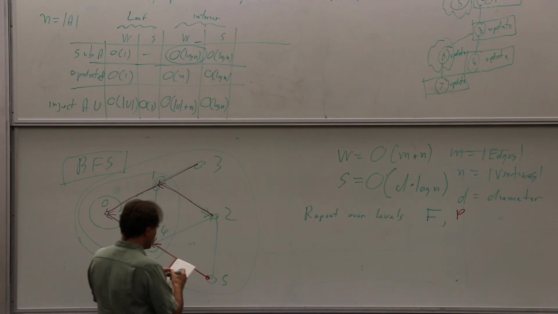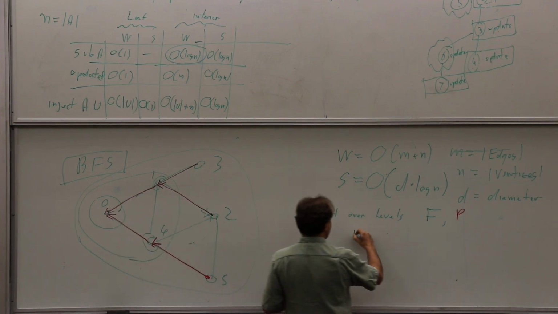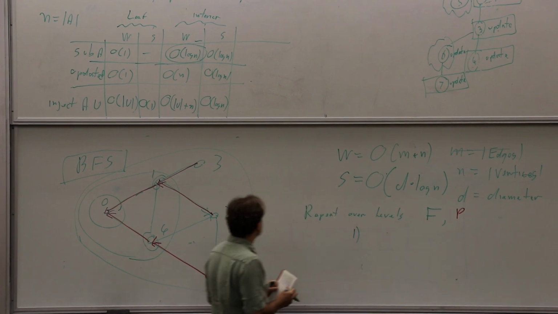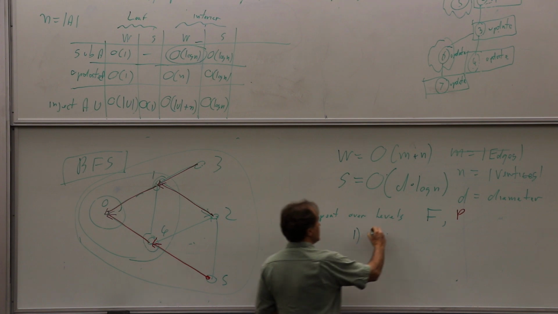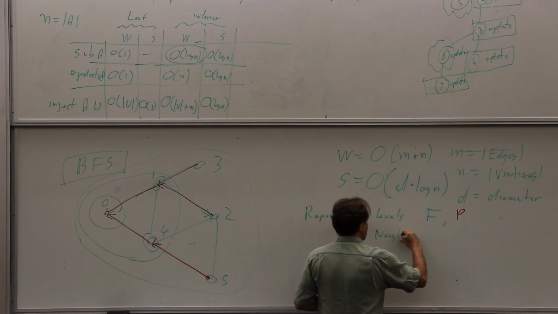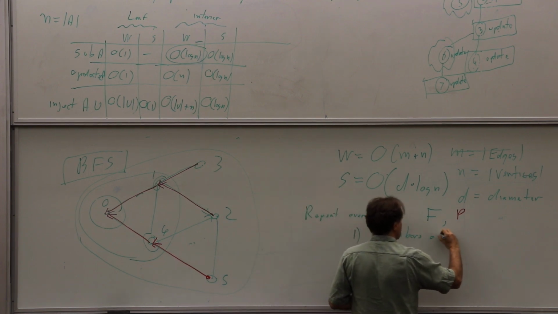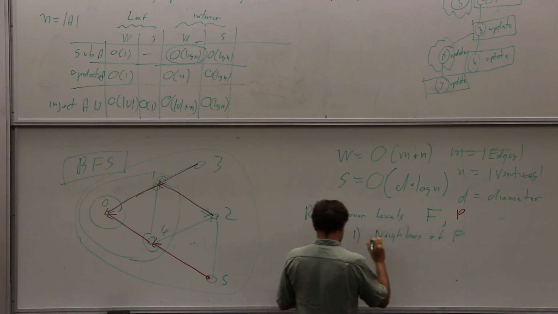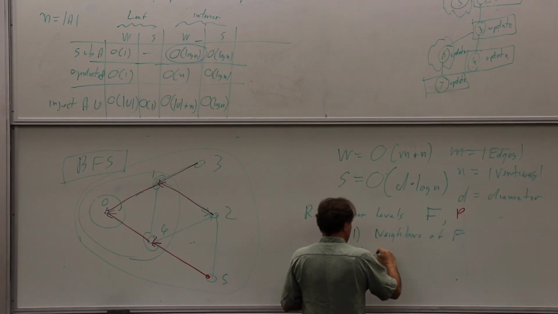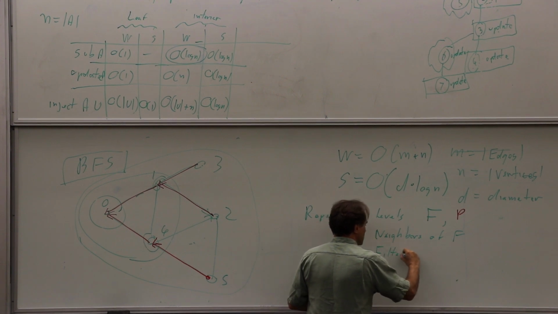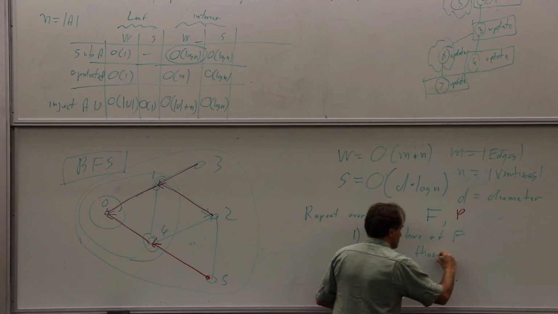And what are the things I have to do? Well, if I have one F from the previous level, the way that I find the next level is, one, I find all neighbors of F. Two, I filter those not already visited.